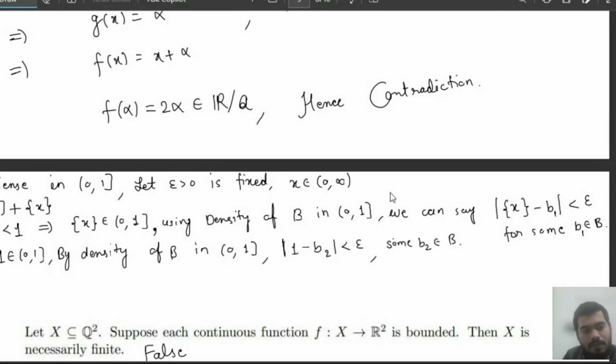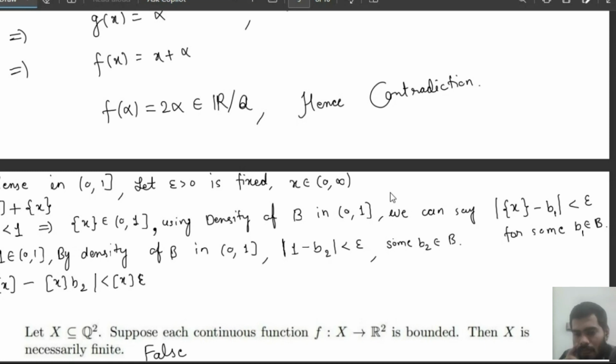Now, what I can do is that I can multiply this whole inequality by the integer part of x. And can I write this as this? Fine, because the integer part of x is greater than 0. So I can multiply this.